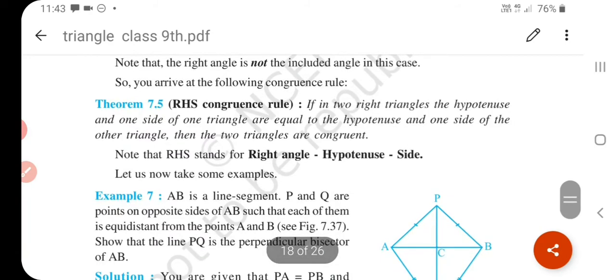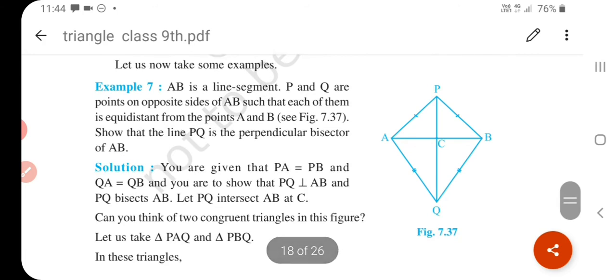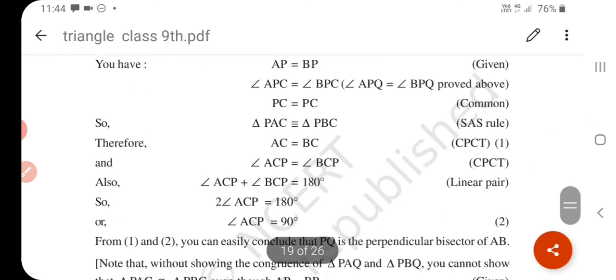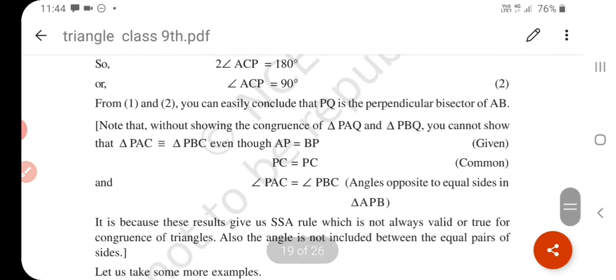RHS means R is right angle, H is hypotenuse, and S is side. So we can say that in two right angle triangles, the hypotenuse and one side of one triangle are equal to the hypotenuse and one side of the other triangle, then the two triangles are congruent to each other. Okay, understand? And we can solve all the problems according to these criteria.